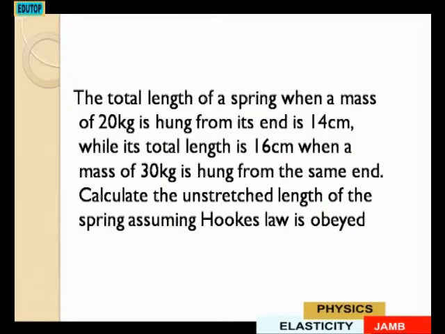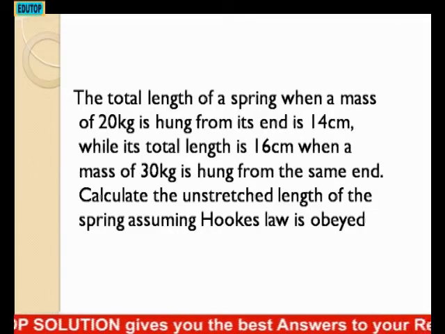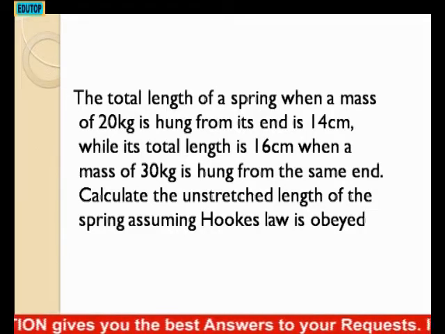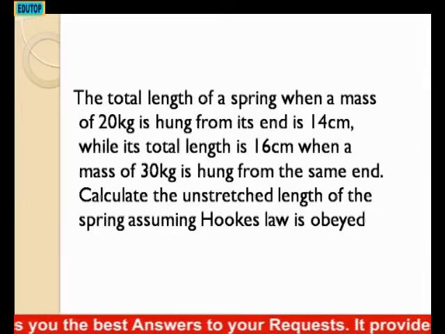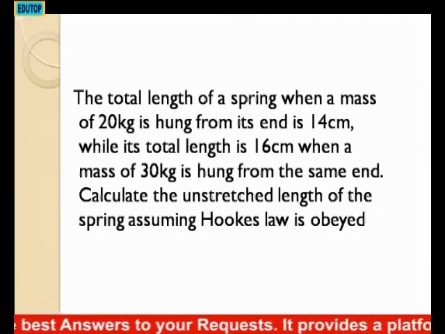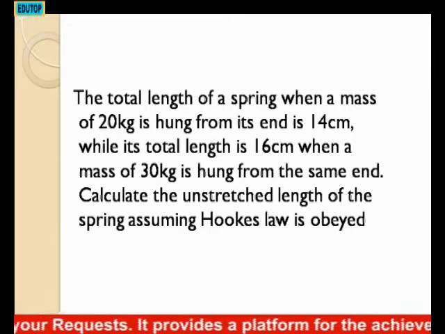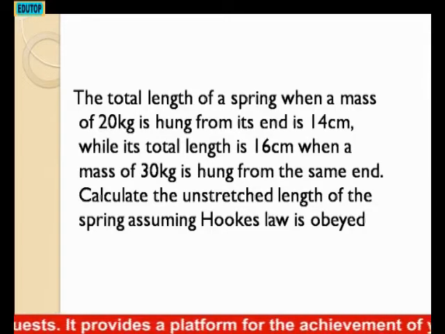Question number 2. The total length of a spring when a mass of 20 kg is hung from its end is 14 centimeters, while its total length is 16 centimeters when a mass of 30 kg is hung from the same end. Calculate the unstretched length of the spring, assuming Hooke's law is obeyed.